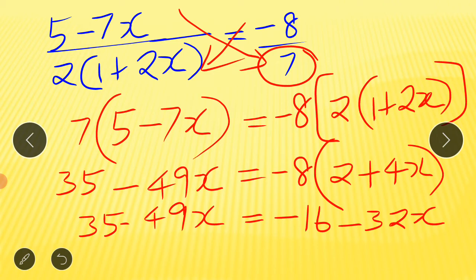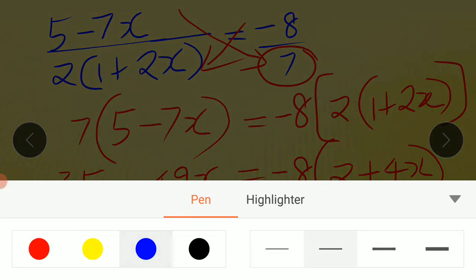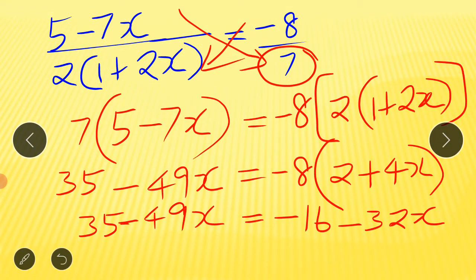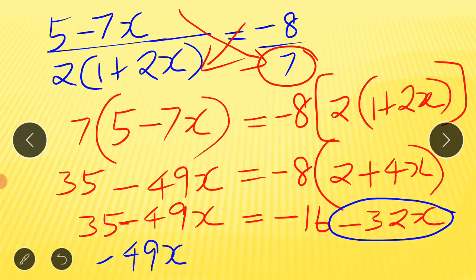So now what can we do? We can keep the variable term on the left hand side and the constant term on the right hand side. So here the variable term, minus 49x, the sign is very important. The variable term minus 49x, so let me keep the left hand side minus 49x. Then on the right hand side the variable term is minus 32x.